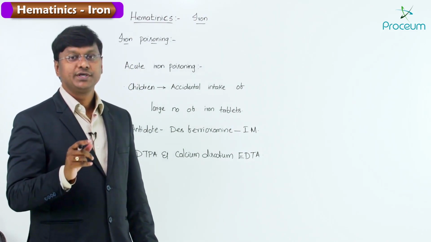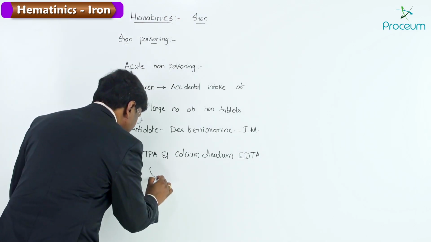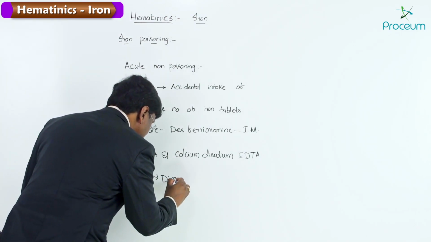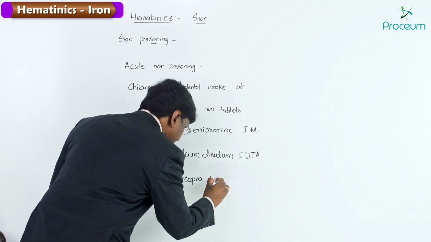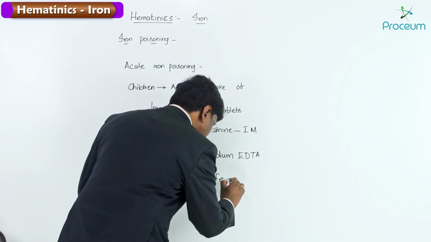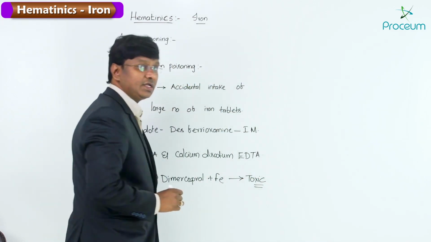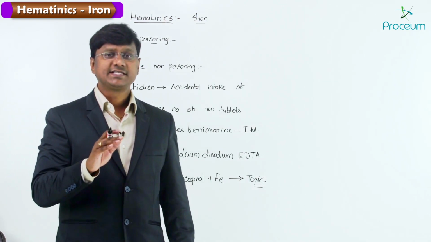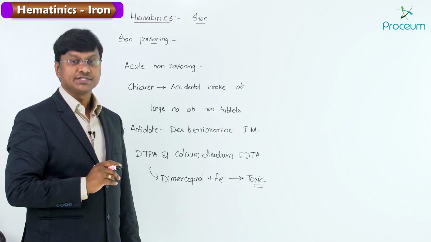So, these may also be used, but dimercaprol, whenever it combines with iron, the complex which is formed is itself very toxic. So, that is about acute iron poisoning.